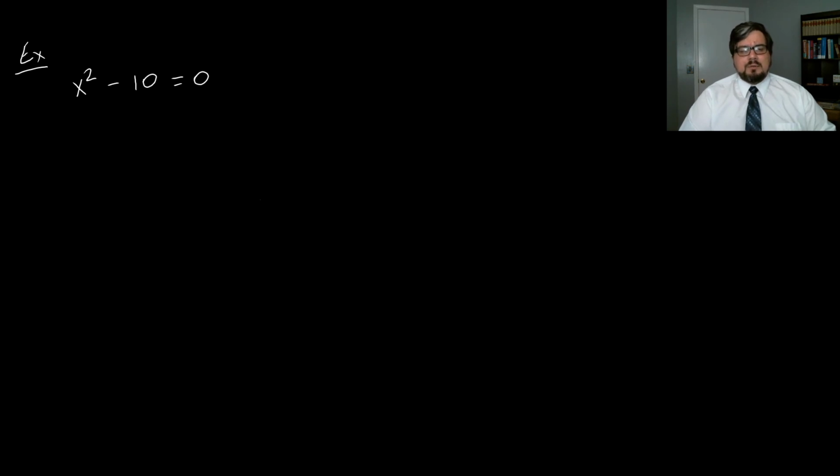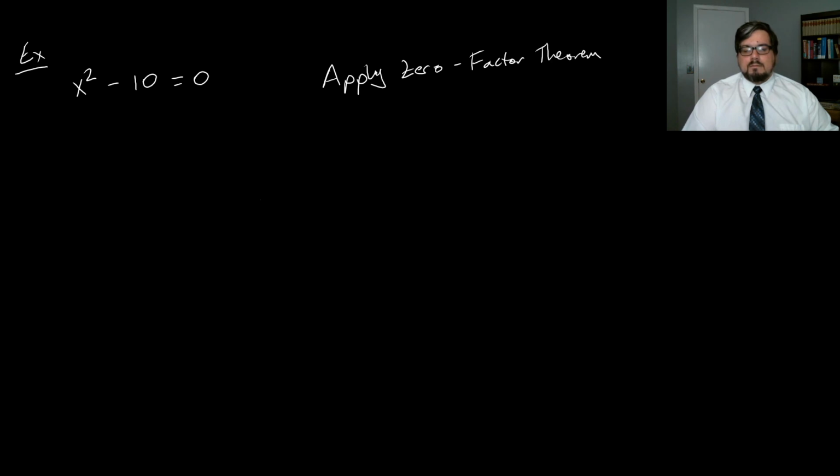And one of the ways, the better way to do it, is to continue thinking about things in terms of factoring and the zero-factor theorem. So we're going to apply the zero-factor theorem again. And to do that, we want to factor the left-hand side. And we're going to do that using the difference of squares formula.